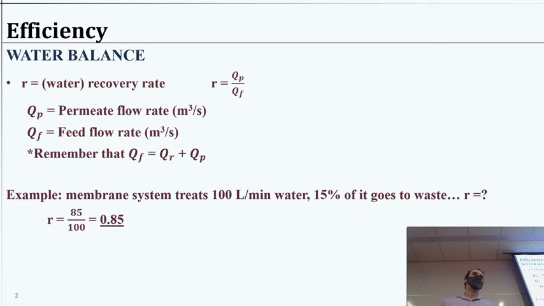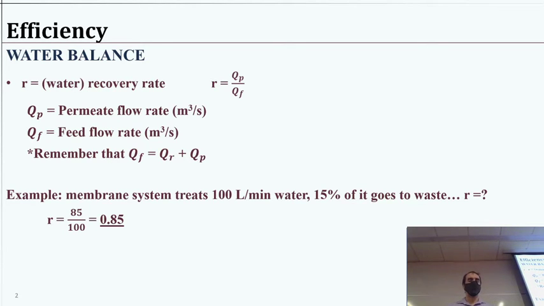So for something where we just have a very simple system that's doing just a very basic filtration, maybe our recovery is near 100%. Almost all the water is saved and used, and just a little bit of it is going off. For something like desalination, maybe it's only 40% recovery, something like that.